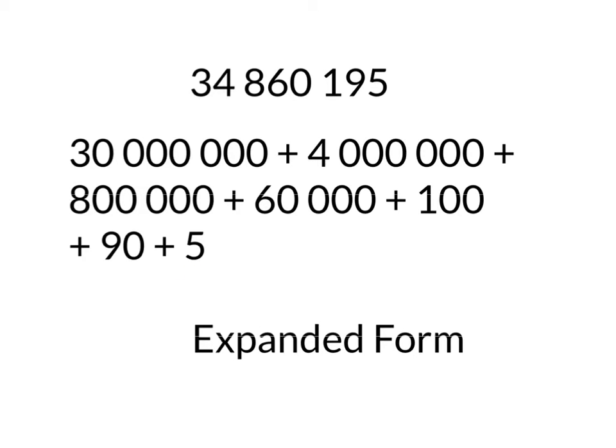Now there's a new way to look at this that we're going to take a look at on the next slide. So if we think of this number 30 million, well, we can break it down to something like 3 times 10 million. Now let's look at that number 10 million and let's see if we can notice a pattern.